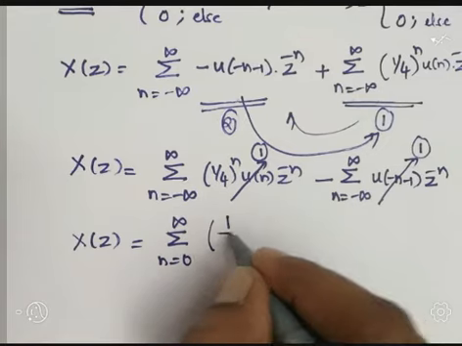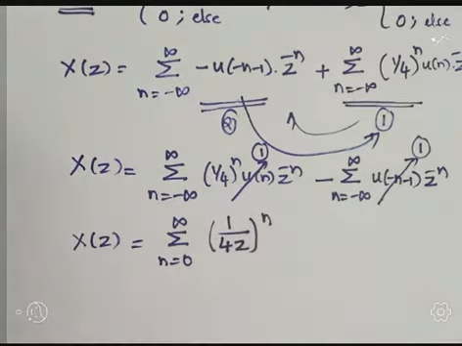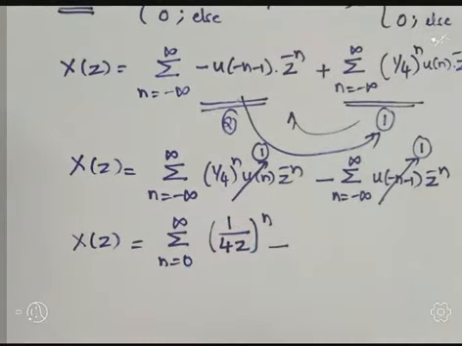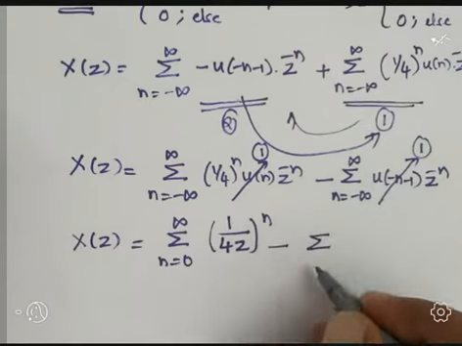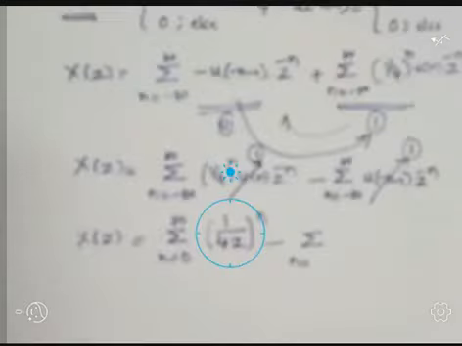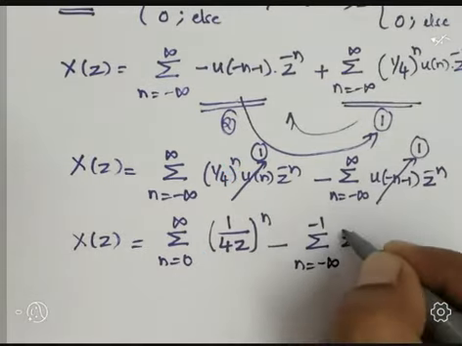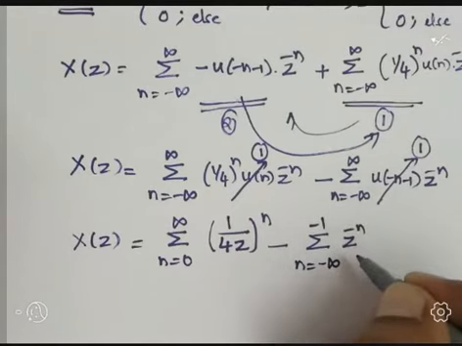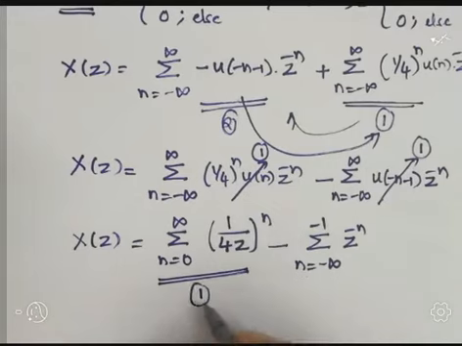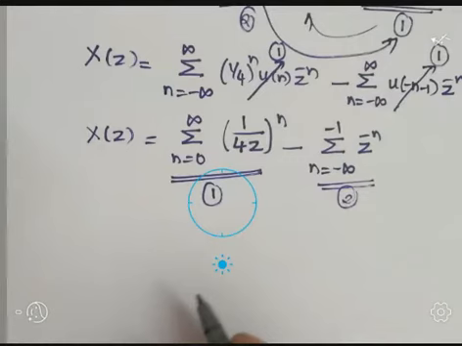So here I will write 1 divided by 4z, with the power term n taken common. Then minus as it is, summation where the limit changes from minus infinity to minus 1 of Z to the power minus n. Okay, let us simplify one by one. First I will solve this part, next I will solve the other part. First part of this equation we can solve.